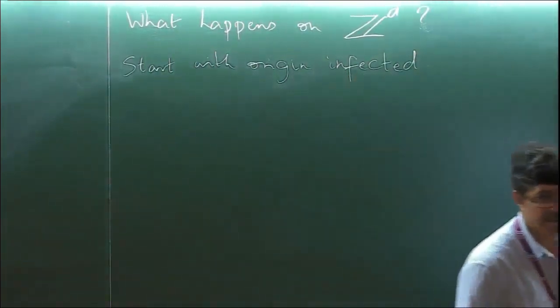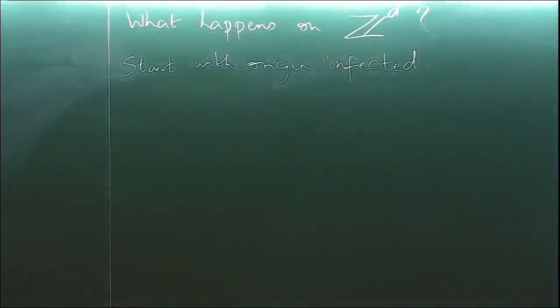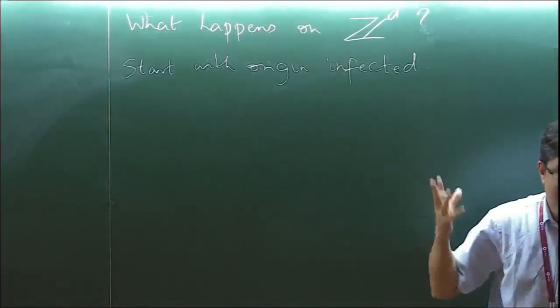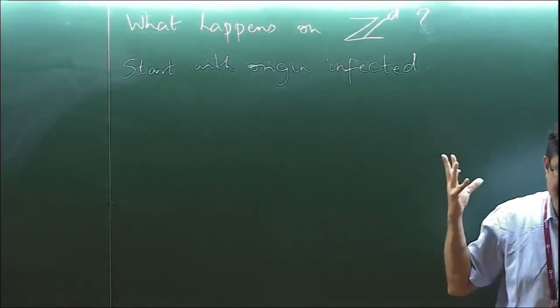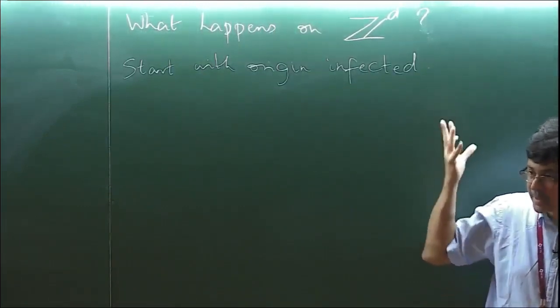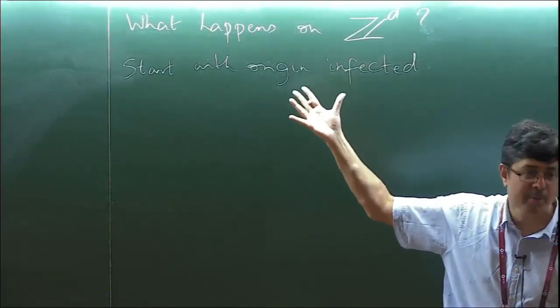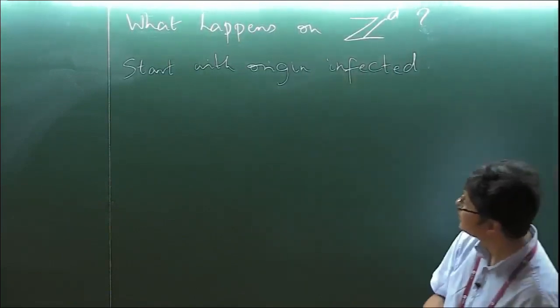And everybody else healthy. So on a finite graph, the infection has to die out, but on an infinite graph, it could survive forever. It's possible. So does it happen? Does it survive forever, or is there some finite random time after which there's no more infection?